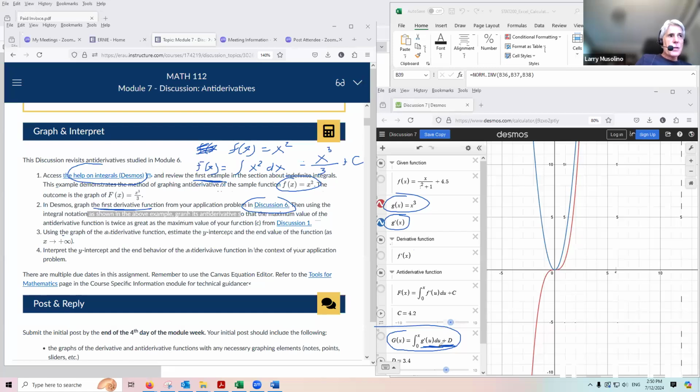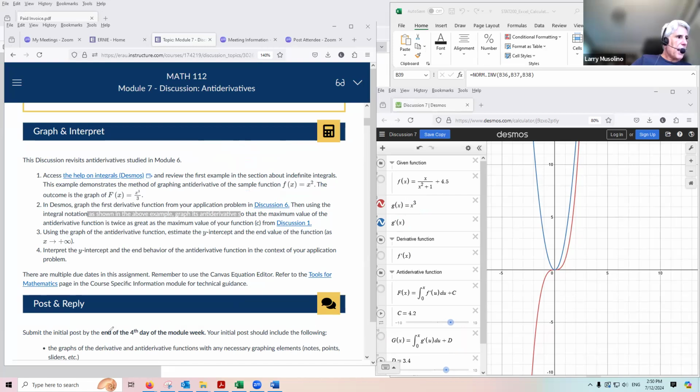All right. So now if I graph that function, let me activate that graph. Let me get rid of some of this stuff. Let me activate that graph. If you notice, the green graph, which is the antiderivative, is the same as the original function, which is the red, but it's been shifted up.